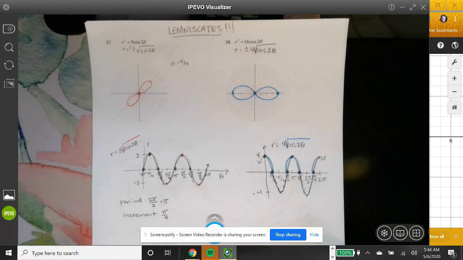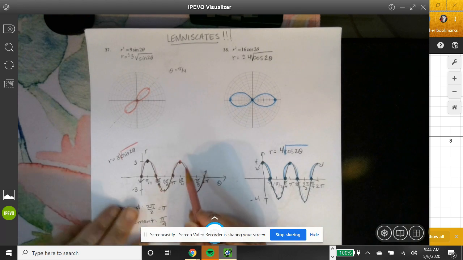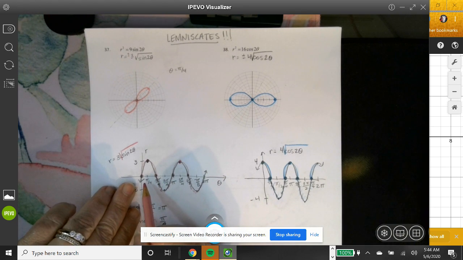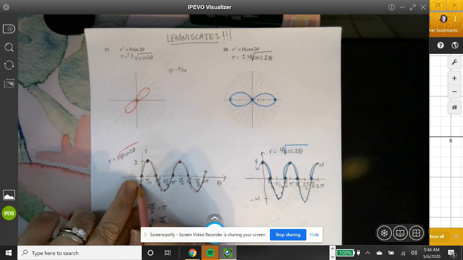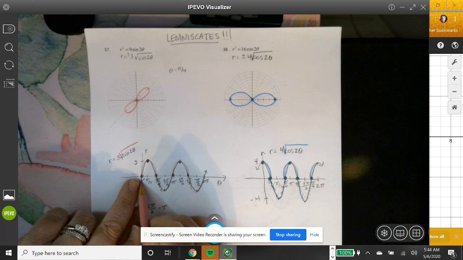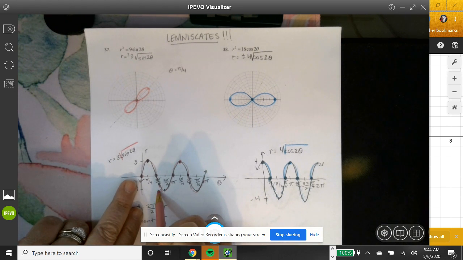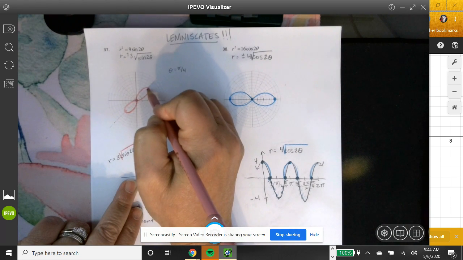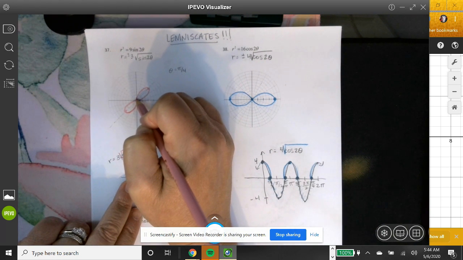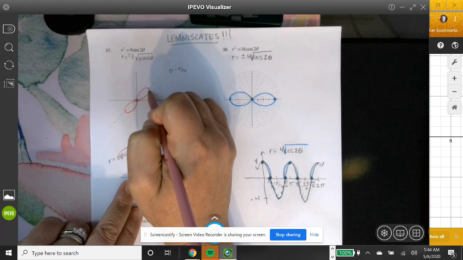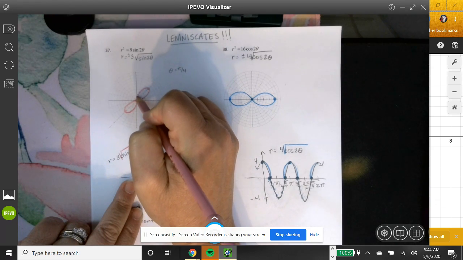Lemniscates are much the same here. What are my zeros here for the first lemniscate? The first lemniscate has a 0 at pi over 4, so we're starting at the pole. And then I have to be back to the pole before I get to pi. So that's how I know that I start on the pole, and then I have to be back before I hit.